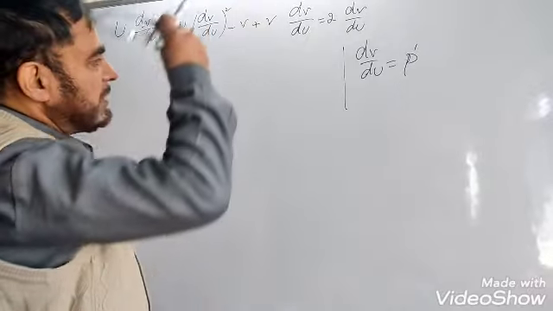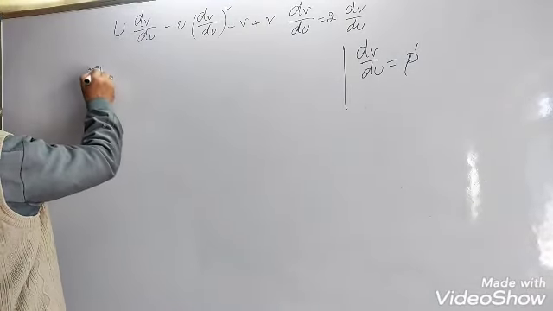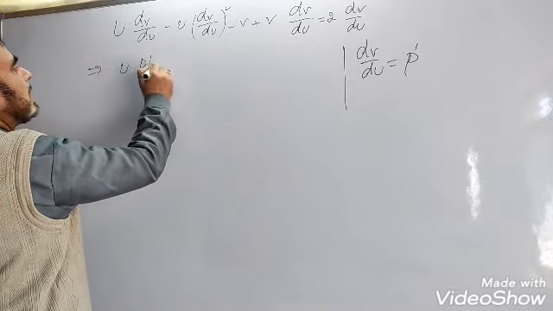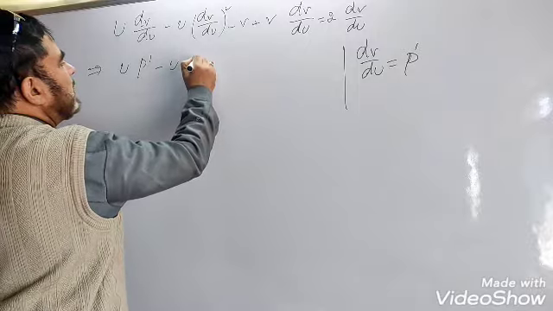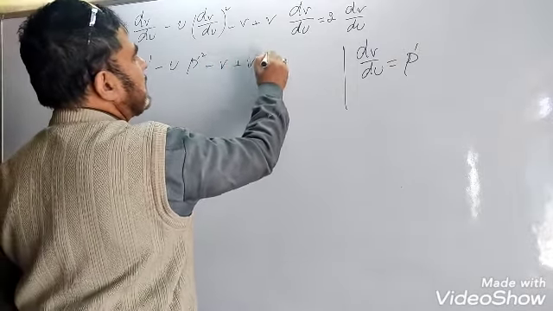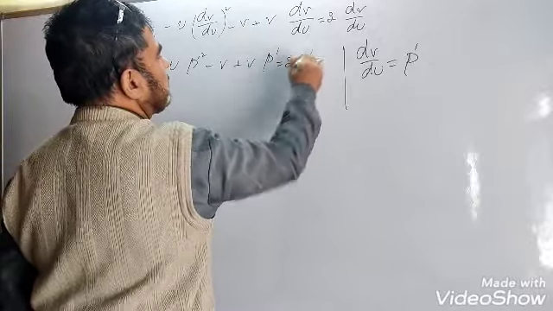Let me denote this by p dash. So the differential equation is now u p dash minus u p dash square minus v plus v p dash is equal to 2 p dash.